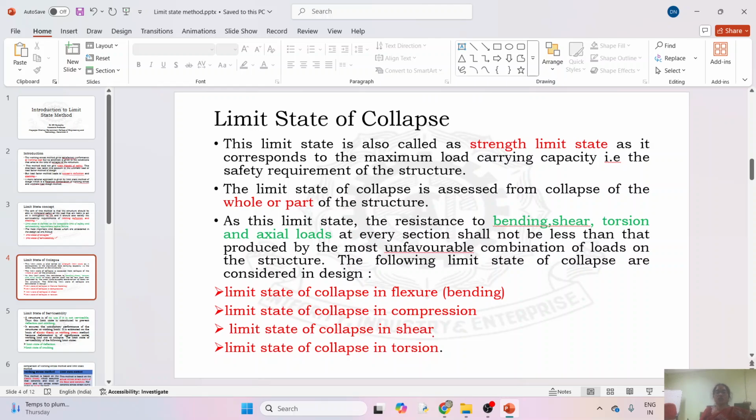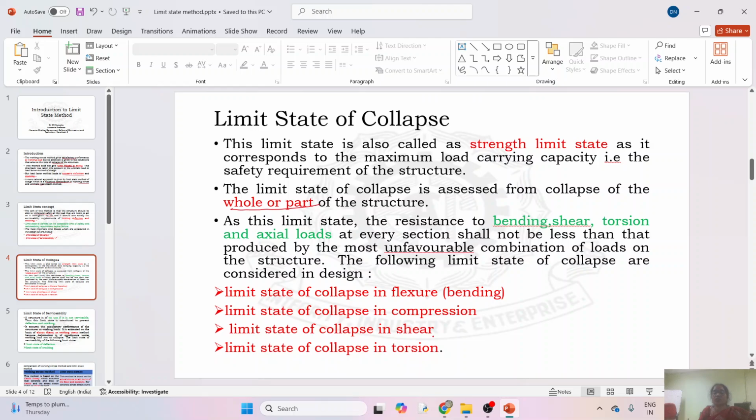The limit state of collapse is assessed from the collapse of the structure as a whole or part of the structure. In this limit state, the resistance to bending, shear, torsion and axial loads at every section shall not be less than that produced by the most unfavorable combination of the loads.